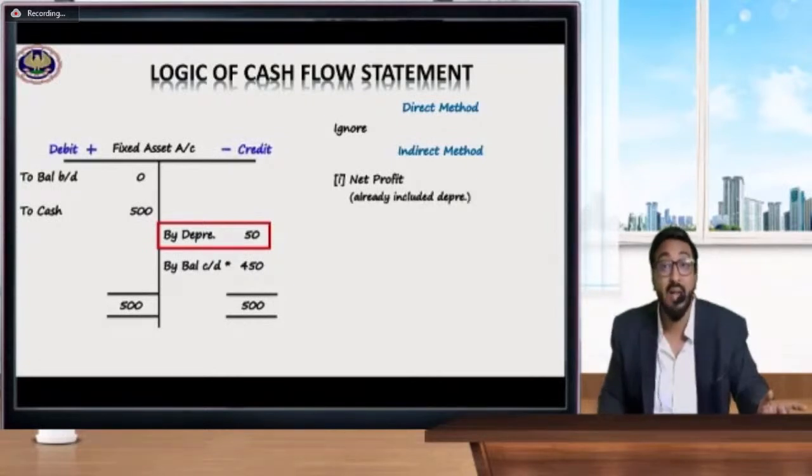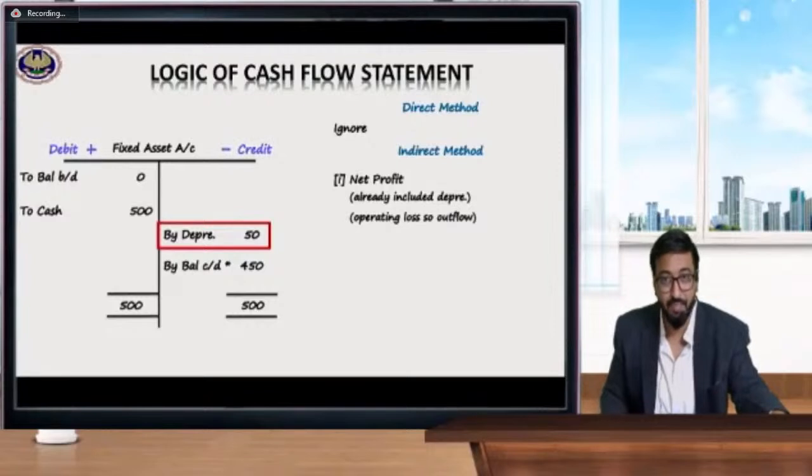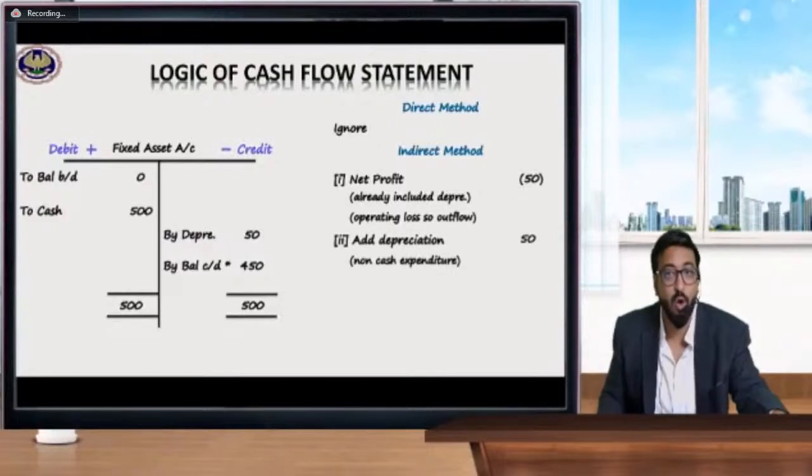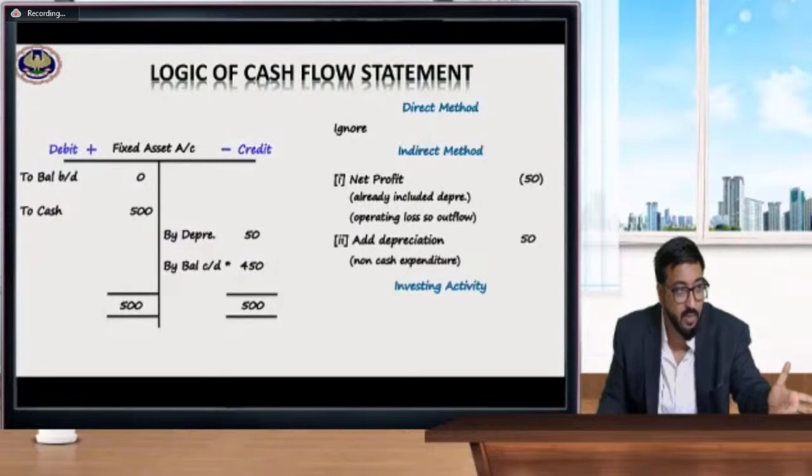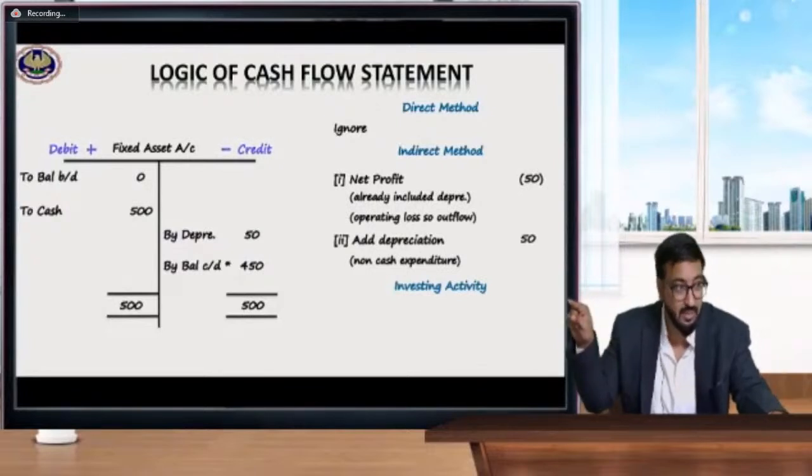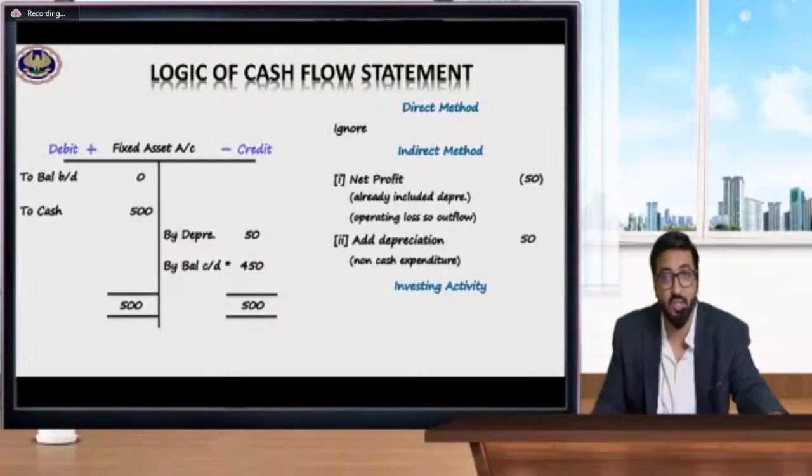You will add back already included depreciation, and we don't want this, therefore, so already deducted, and we want to make it 0, so therefore we will add this depreciation. So net profit ke time pe, because you want 0 na, you consider this minus 50 in net profit calculation, but you don't want depreciation, so you will add back it.